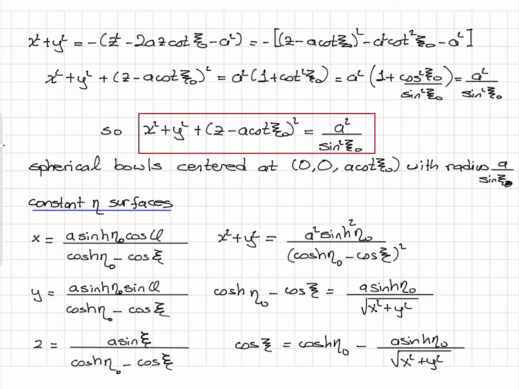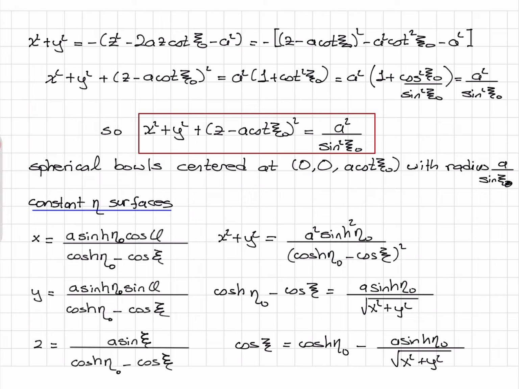Okay. And now going to the z equation, for cosh eta 0 minus cosine psi, I'm going to substitute this. So for the z equation, I will obtain z is equal to a sine psi square root of x squared plus y squared divided by a sinh eta 0.